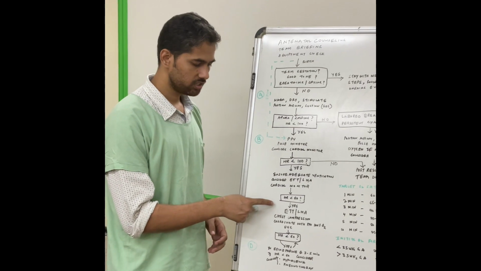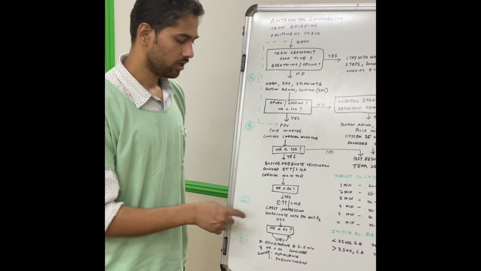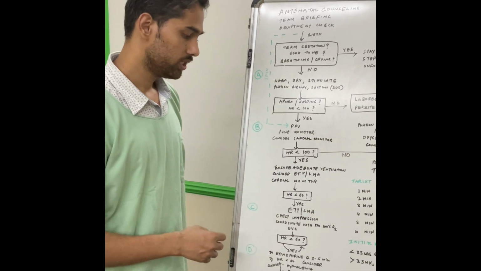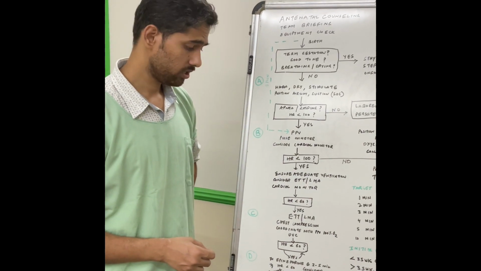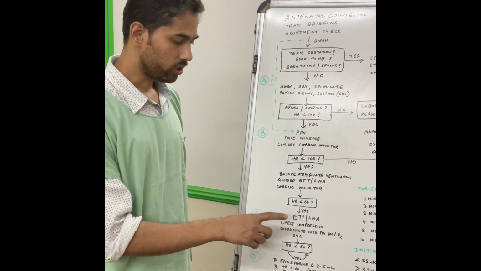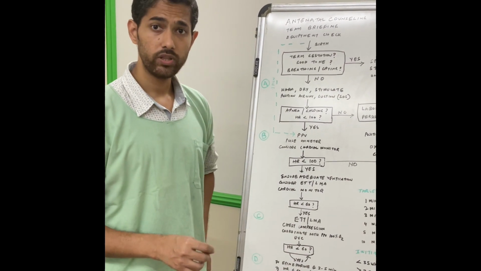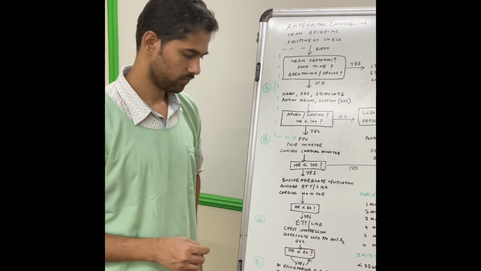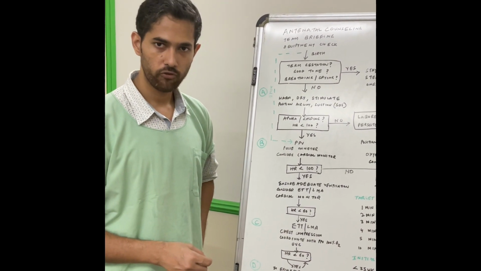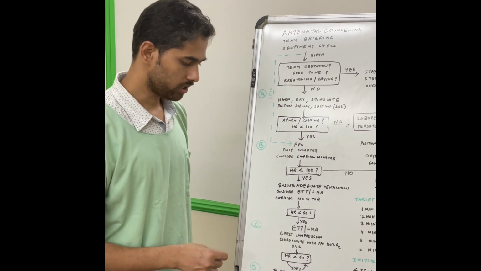If the heart rate is less than 60, then continue intubation or mask airway and start chest compression, and whenever we are giving chest compression, we have to coordinate with positive pressure ventilation with 100% oxygen. During that time, you have to put an umbilical vein catheter.